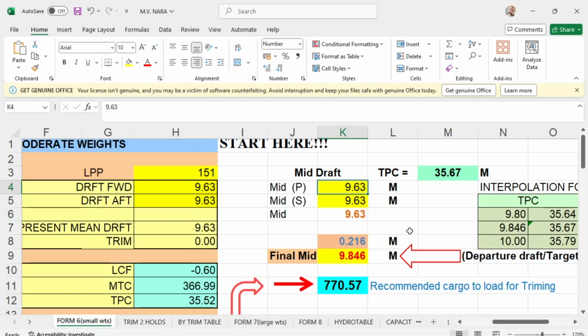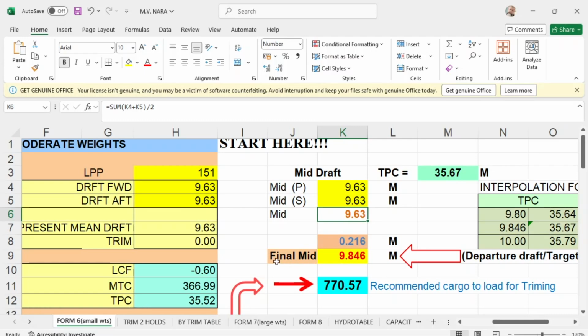Then, for example, your mid port is 9.63, and your starboard mid is 9.63, and your mid will be 9.63. There's no list, no trim, even keel.